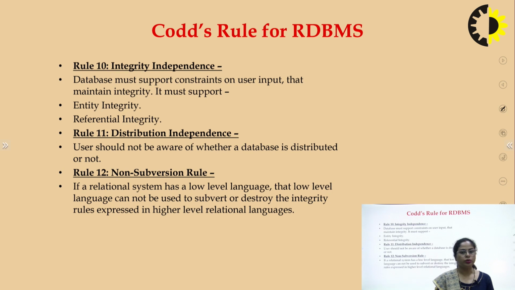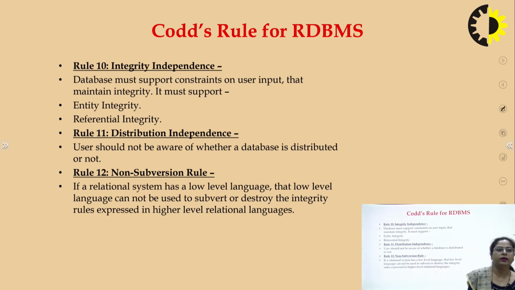The 10th rule of Codd tells about integrity independence. In a relational data model, there are various types of attributes in which integrity should be maintained. We are using constraints for maintaining the integrity.